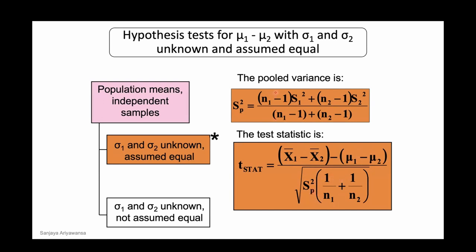What is SP? SP is the pooled variance. Why do we talk about a pooled variance? Because you assume your population standard deviations are equal, right? So you consider sample standard deviations and you look at a pooled variance using S1 and S2 and you come up with one particular number for your variance and you use that in your test statistic over here.